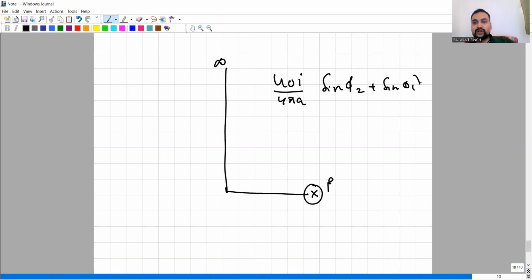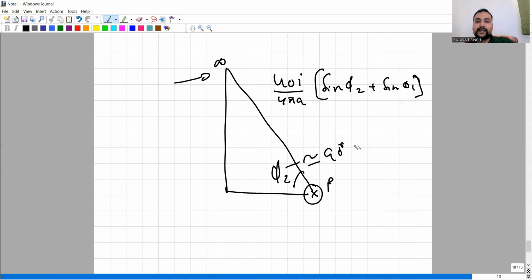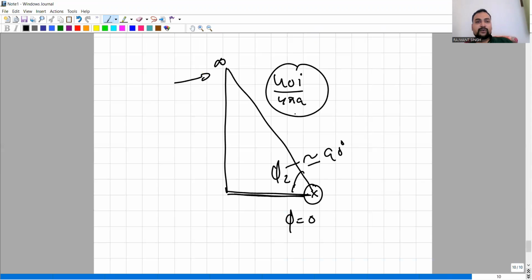As this end is infinite, the phi 2 value will eventually become 90 degrees, so sin phi 2 becomes 1. The phi 1 value is 0 degrees because there is no angle here, since you are finding the magnetic field at one end, and sin 0 is 0. So this will be your magnetic field: mu naught I by 4 pi A.